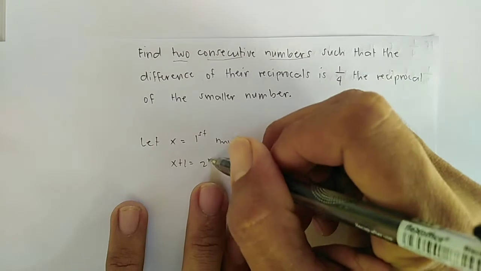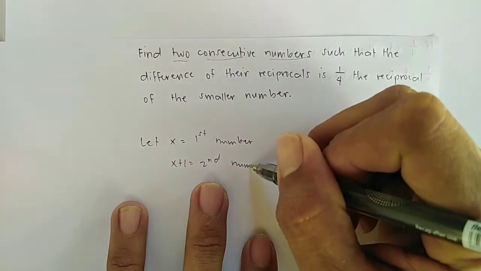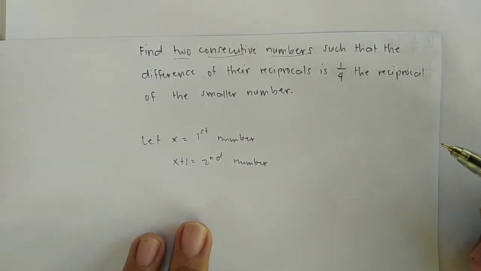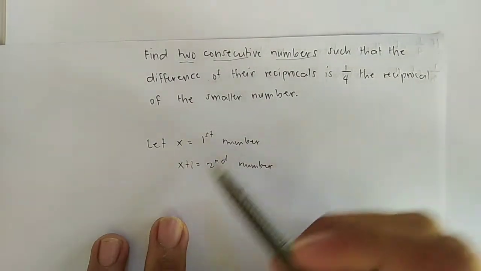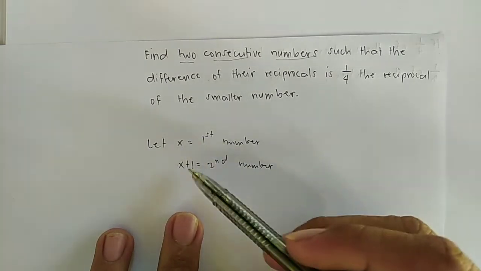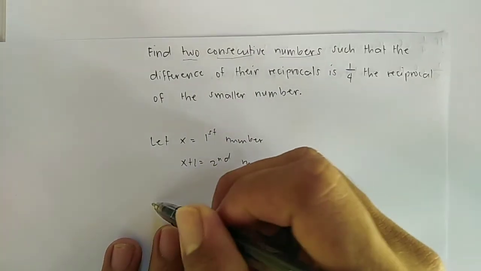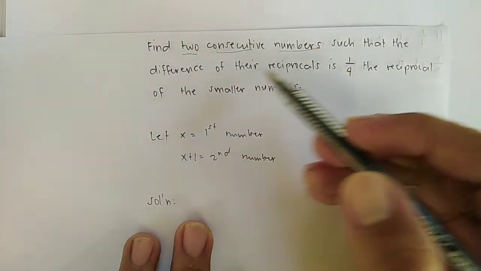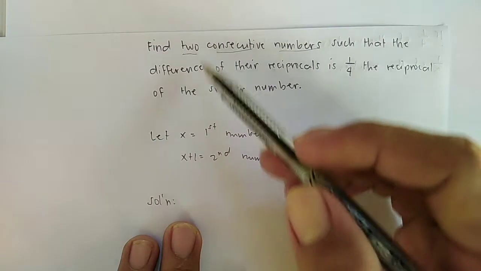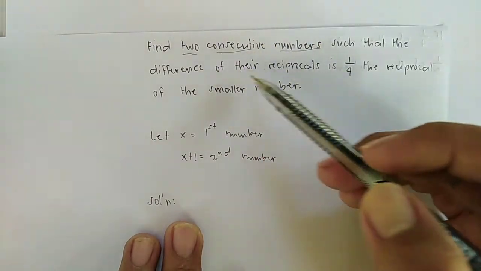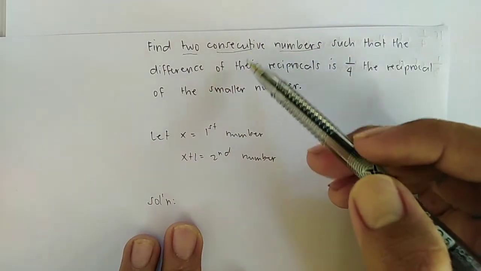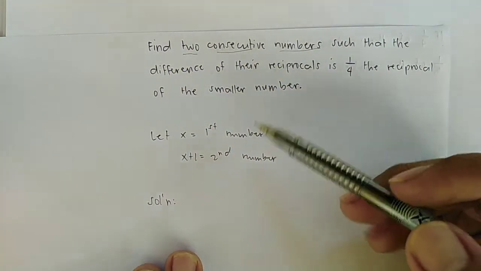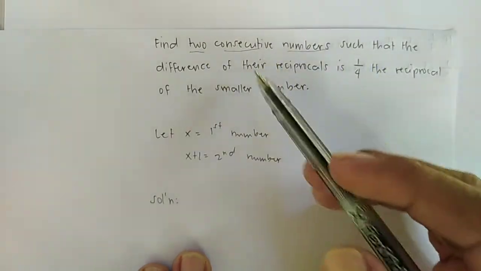So with that, we already have the representation for the 2 consecutive numbers. So we can now formulate an equation coming from the statement given in the problem.